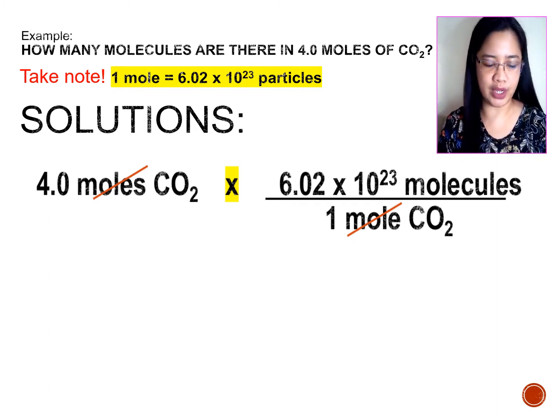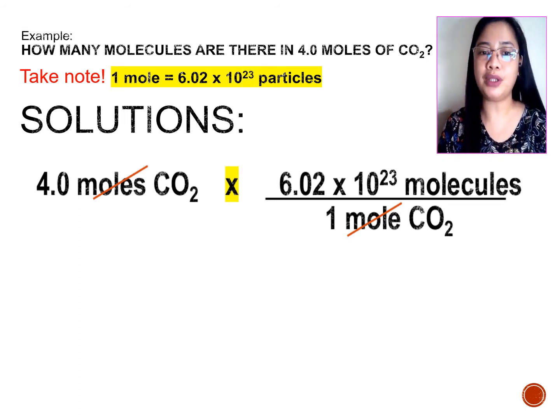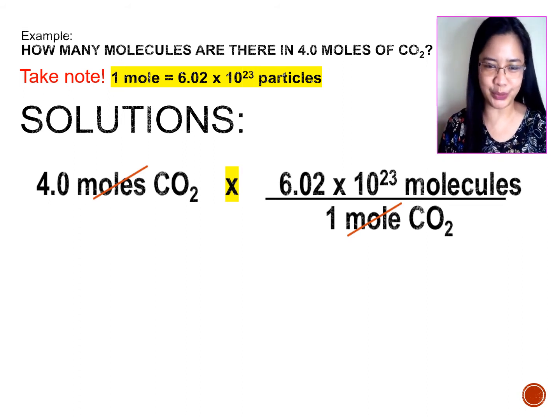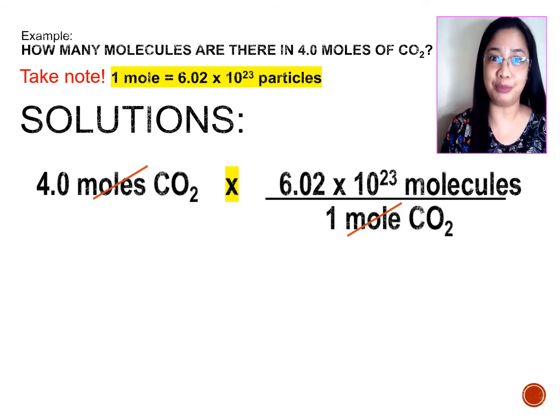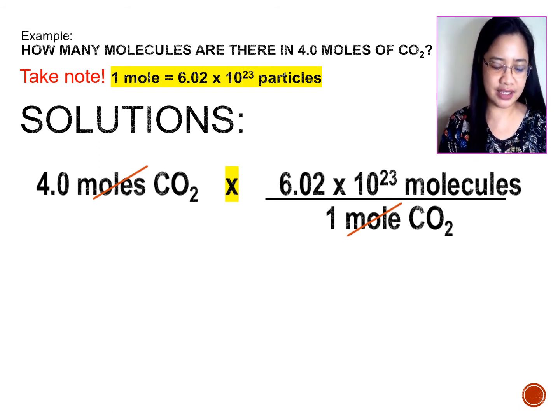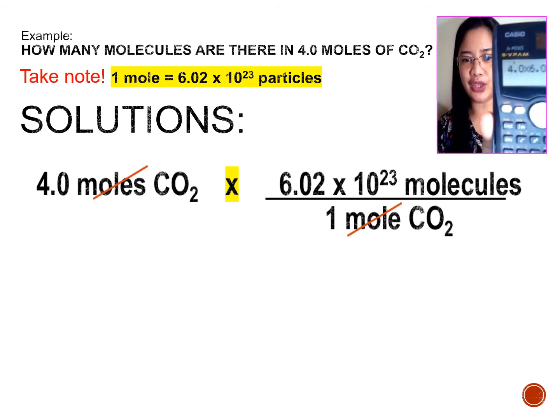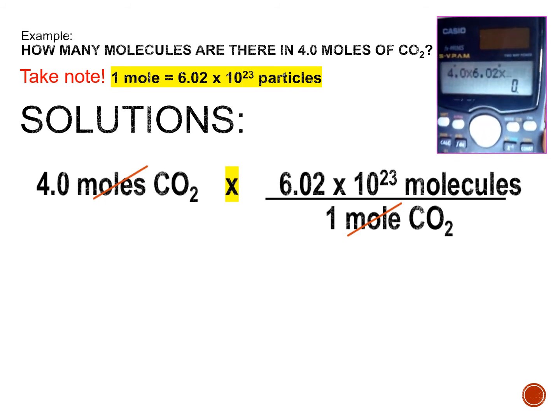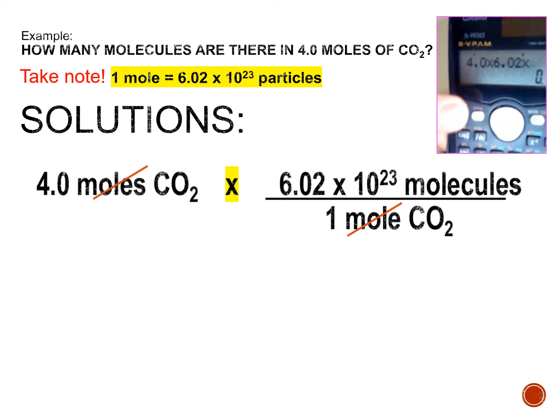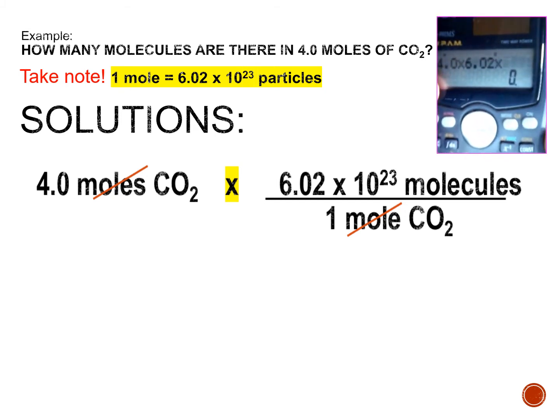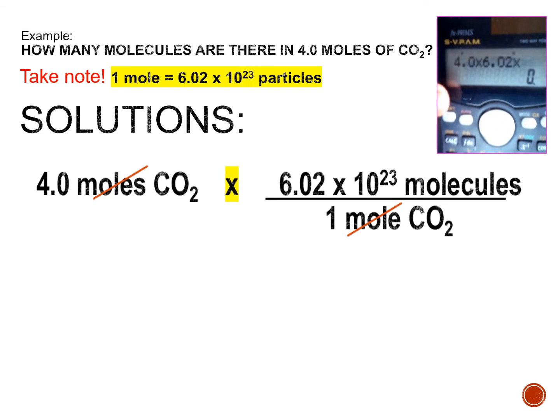So this is 4.0 multiplied by 6.02 times 10 to the 23rd molecules. So 6.02 times, and then you are going to enter the exponent of 10 to the 23rd.